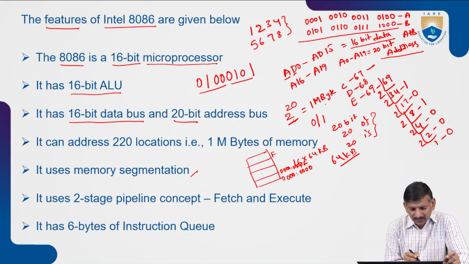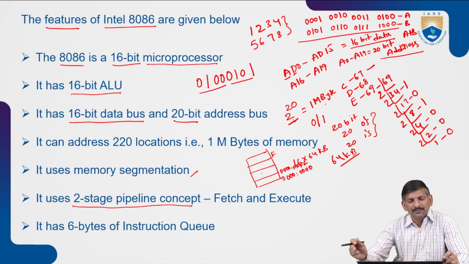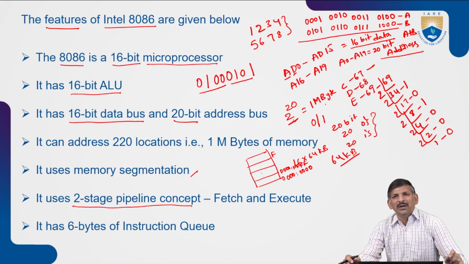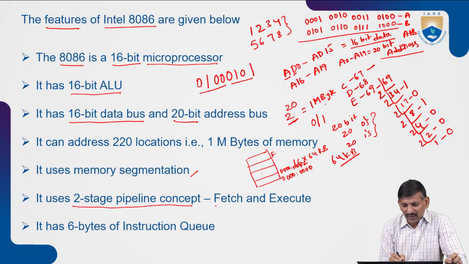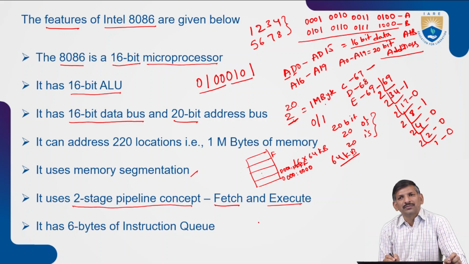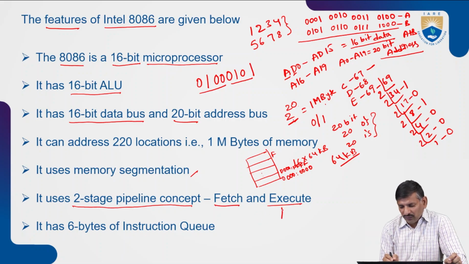Next, it uses the two-stage pipelining concept. So what is the need of pipelining? Pipelining means doing multiple operations in parallel. Example, fetch and execute.